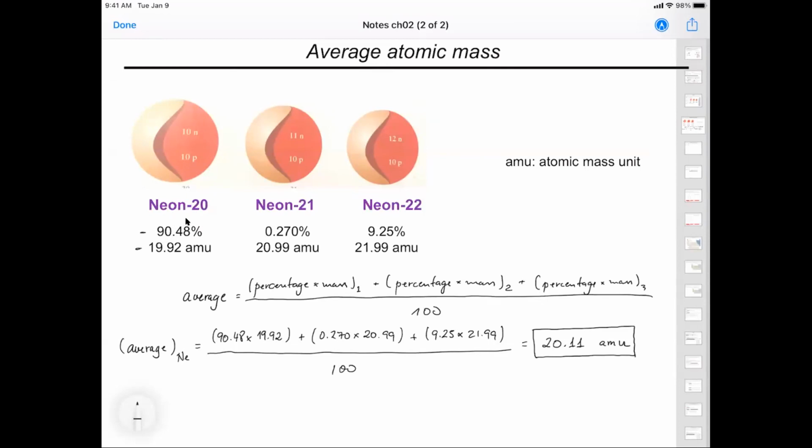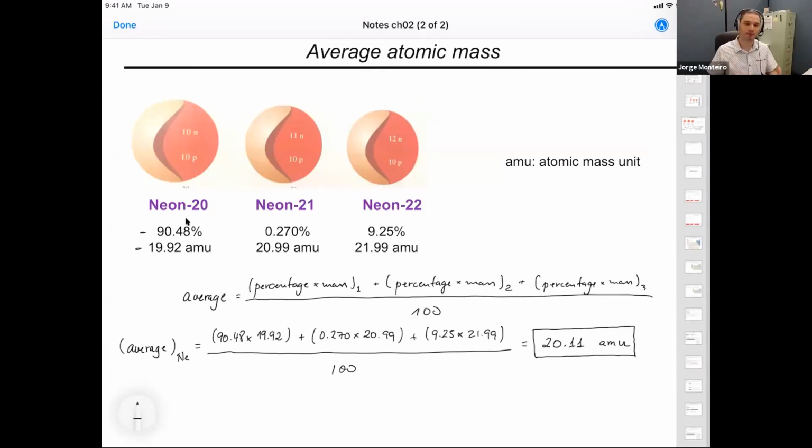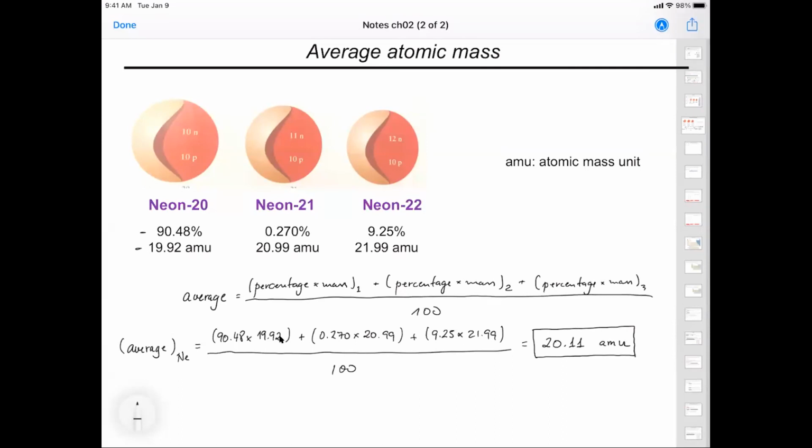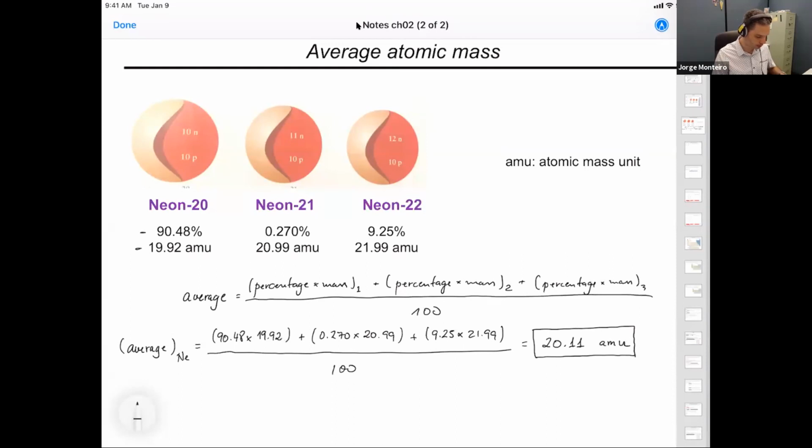Okay, that makes sense. So it's the amount of isotope that you find in nature. So that's why you have to take into account all the isotopes when you're calculating the average atomic mass. Okay, thank you. You're welcome. Thanks for the question.